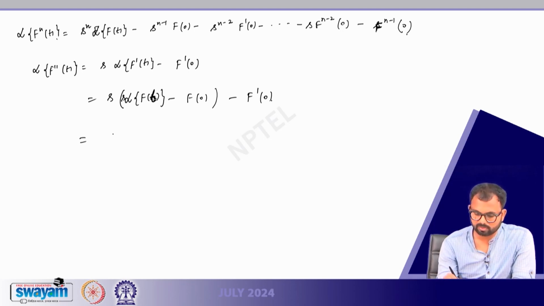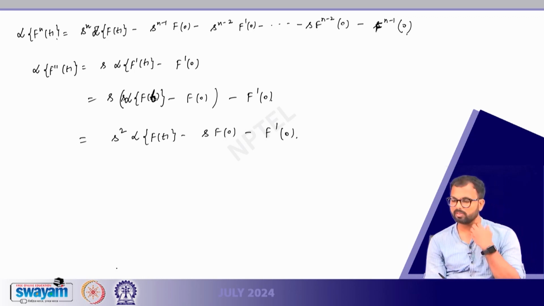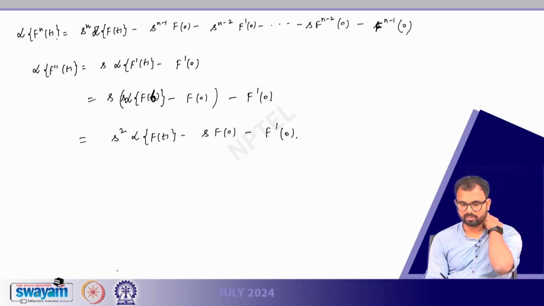One more s will be here. So this will become s squared times the Laplace transform of f(t) minus s f(0) minus f'(0). This is the required term for the second order derivative.